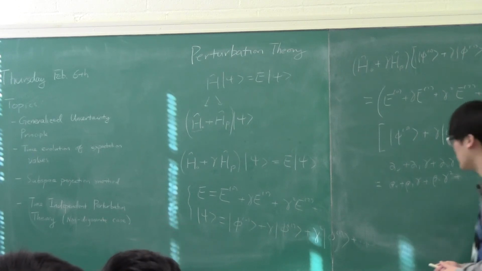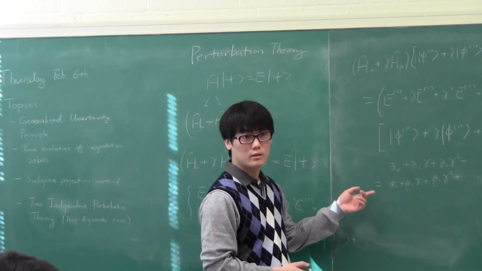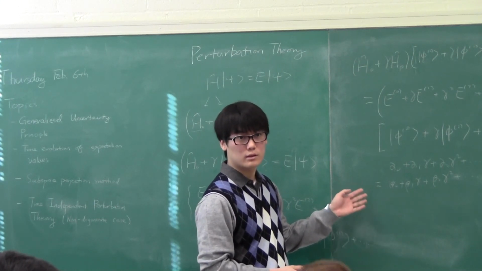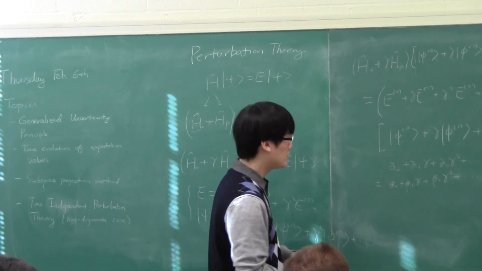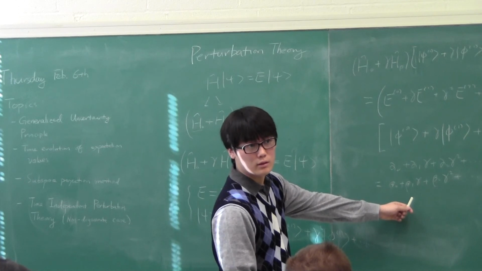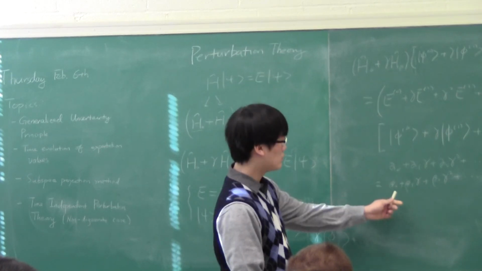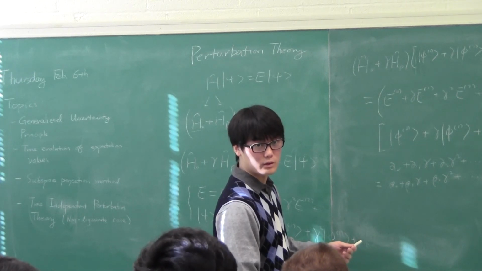Okay, and is everybody okay with this? Do you all know how to prove this? It's very simple. Since this is arbitrary, we can set it to 0. If I set it to 0, this proves that the zeroth order terms are the same.